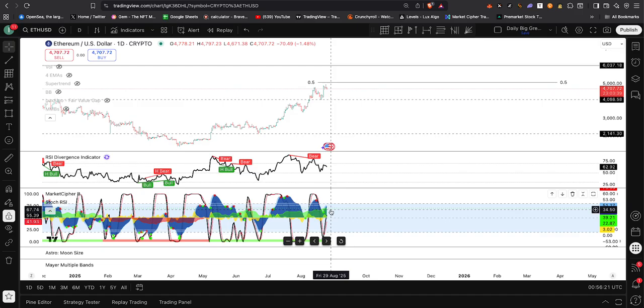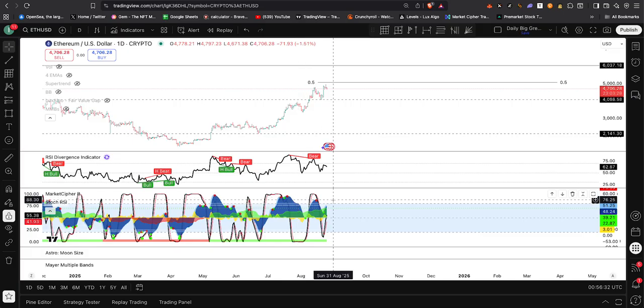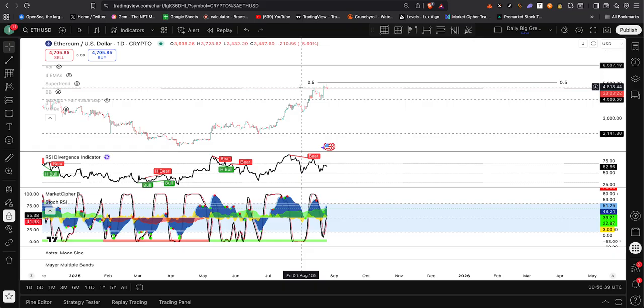Okay, money flow is thick as well on the daily. Yes, on the RSI, there's some bearish divergences forming, even the Market Cipher B momentum waves. But the thing is with that, it can always keep going.